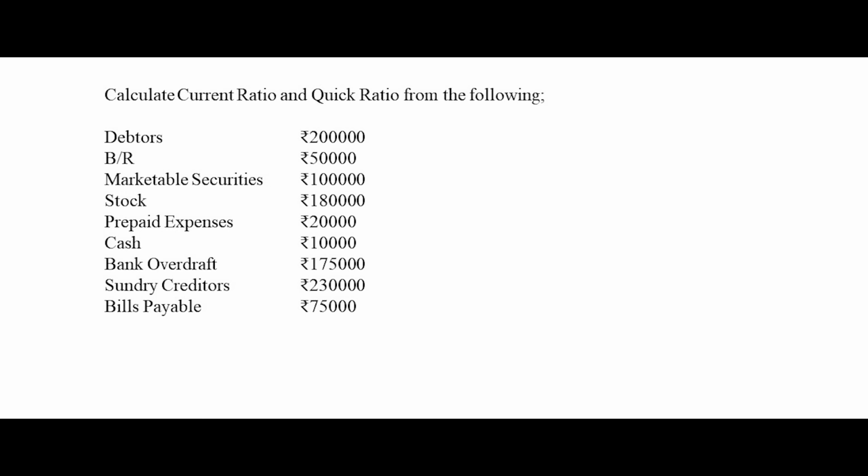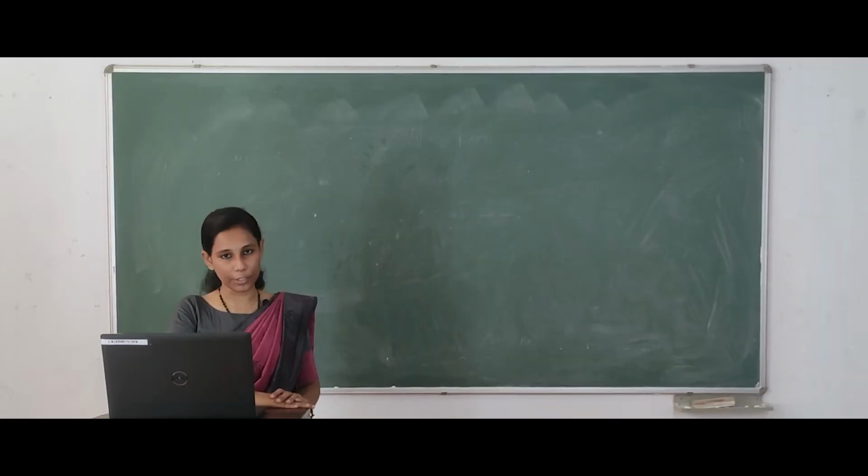The next item is cash, rupees 10,000, bank overdraft rupees 1,75,000, sundry creditors rupees 2,30,000, and the last item is bills payable rupees 75,000. Using this question, we can calculate the current ratio and quick ratio.